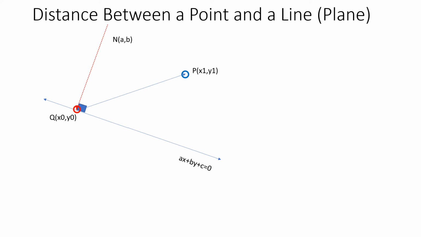So let's do the trick. The idea is that to find the distance between P and the line ax + by + c = 0, we are going to find the same parallel segment on the normal line. Let's see a little bit of graphics going on here. That's what we want to find out, but we will find that out on the normal line.